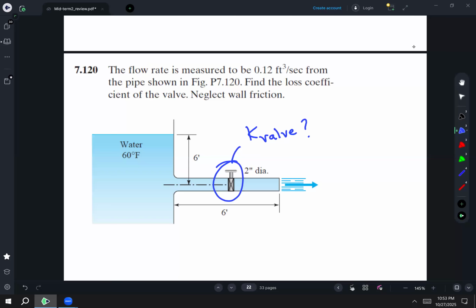Also, we know that the loss coefficient at the entrance for a well-rounded pipe from the textbook is 0.03.